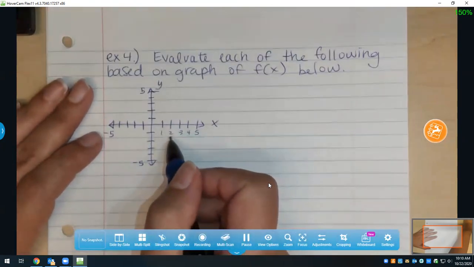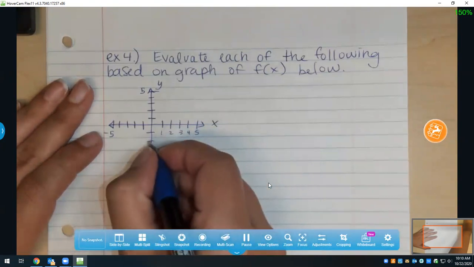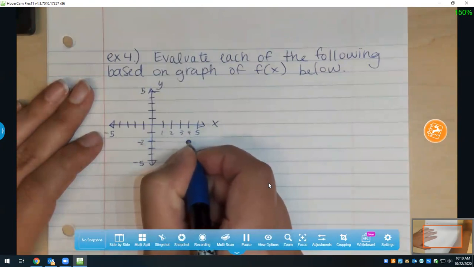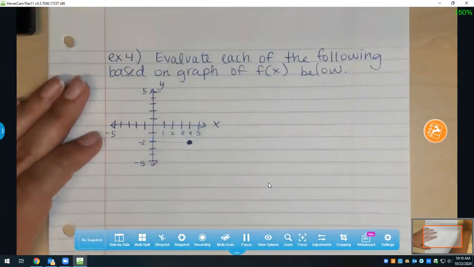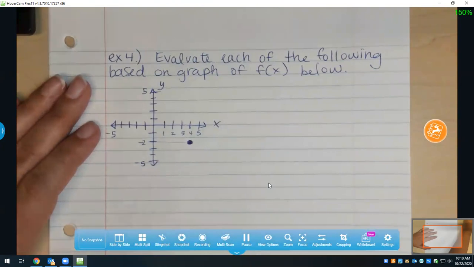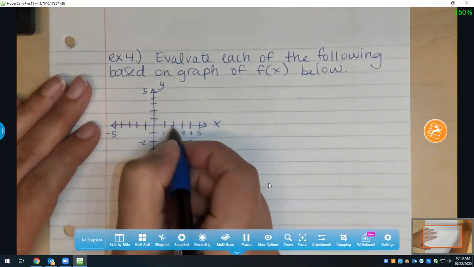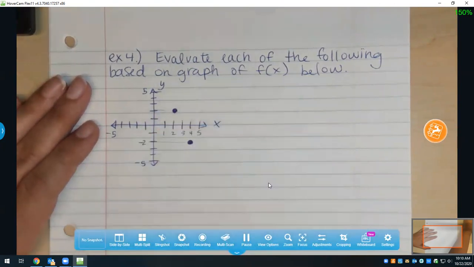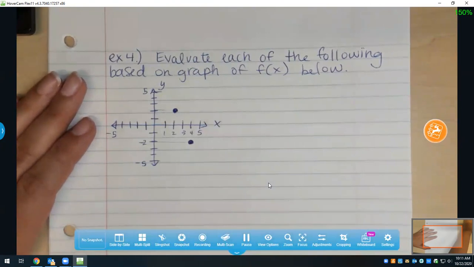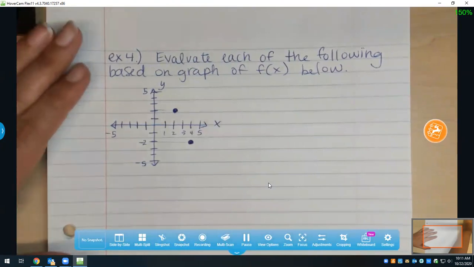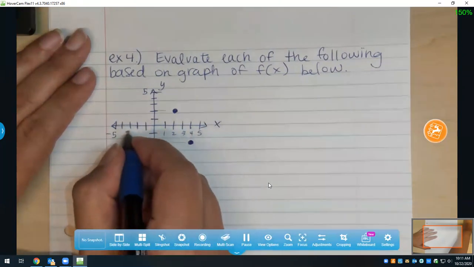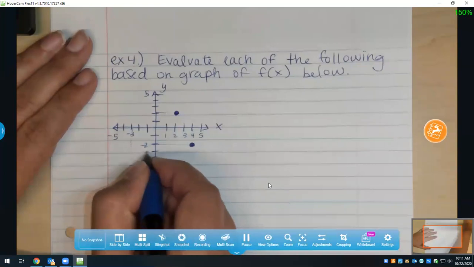So the first point that we're going to plot is going to be at 4, -2. The next point you're going to plot is at 2, 2. Then you're going to plot a point at -3, -3.